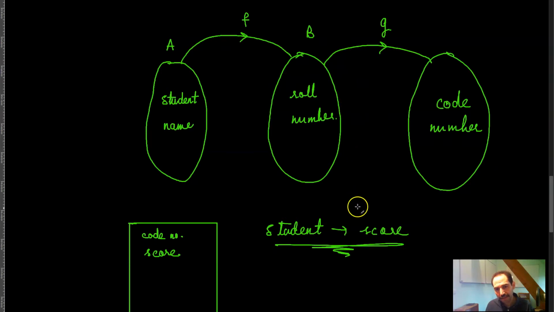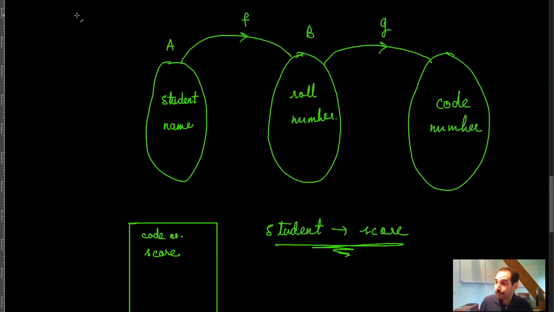Now in the second stage, once they want to assign that score back to the student, they have to go in the other direction, meaning that the code number has to be assigned back to a roll number, and that roll number has to be assigned back to a student name.